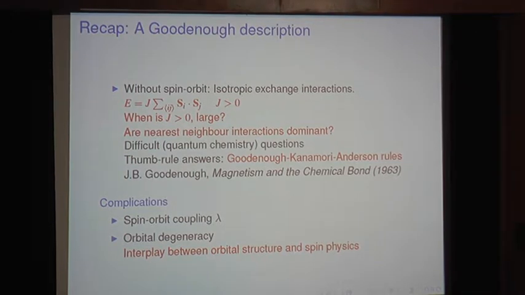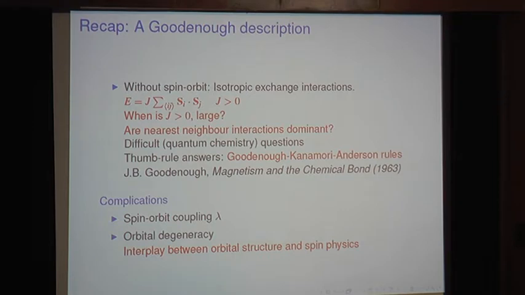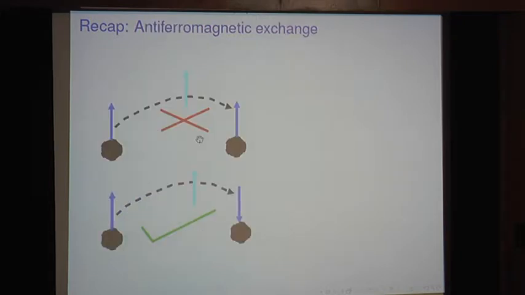Now, this was too crude a picture, and the actual calculation of exchange couplings is actually quite complicated, involves a fair amount of quantum chemistry. You can have multiple orbitals that are active, you may have fluctuations between orbitals. So, there is a lot of physics there that is outside of the purview of very simple descriptions like that.